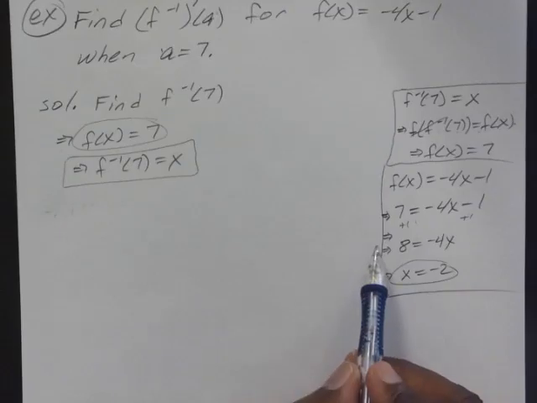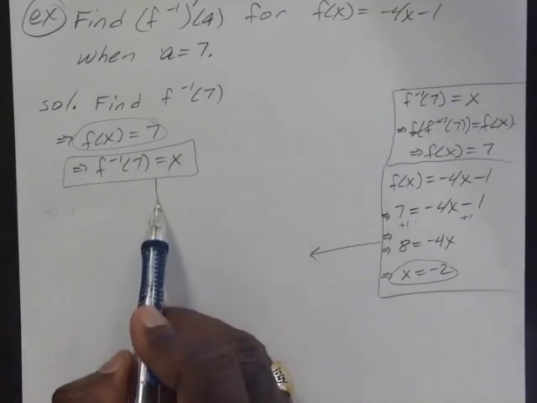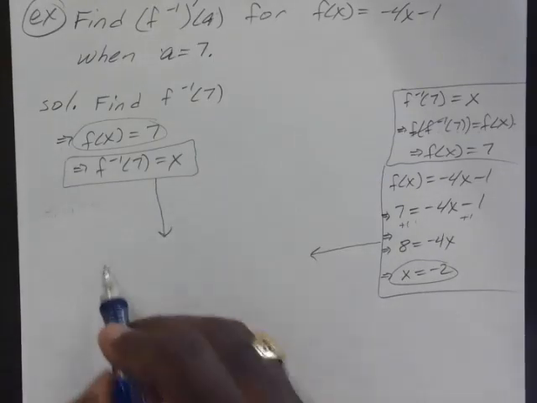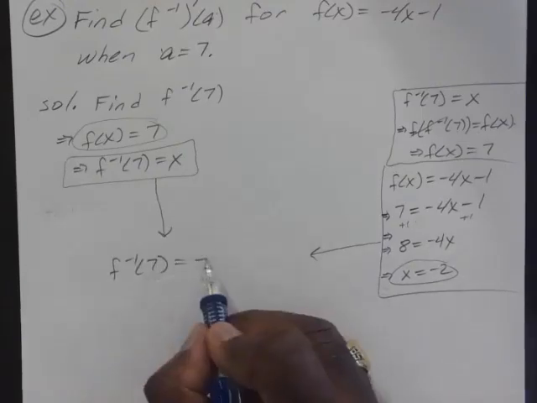So we can take the fact that we know x is equal to negative 2 and the fact that f inverse of 7 is equal to x and just say that f inverse of 7 is equal to negative 2.